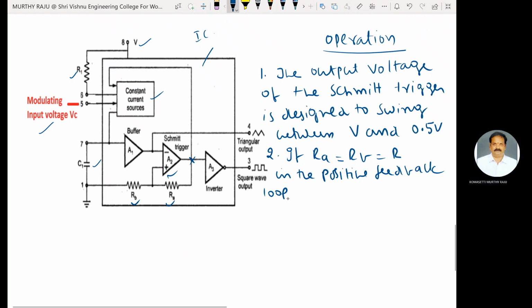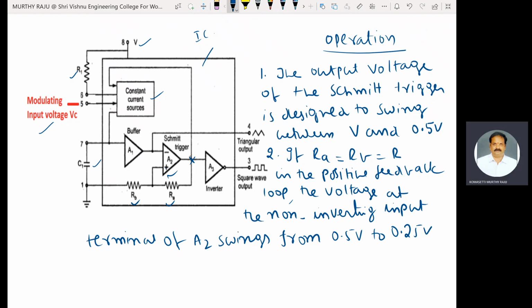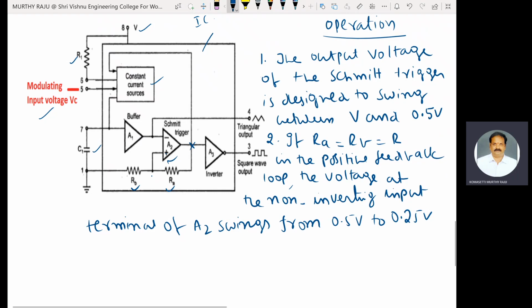The voltage at the non-inverting input terminal of A2 swings from 0.5 V to 0.25 V. The output voltage of the Schmitt trigger is designed to swing between V and 0.5 V, and the voltage at the non-inverting terminal of A2 in the positive feedback loop swings from 0.5 volts to 0.25 volts.